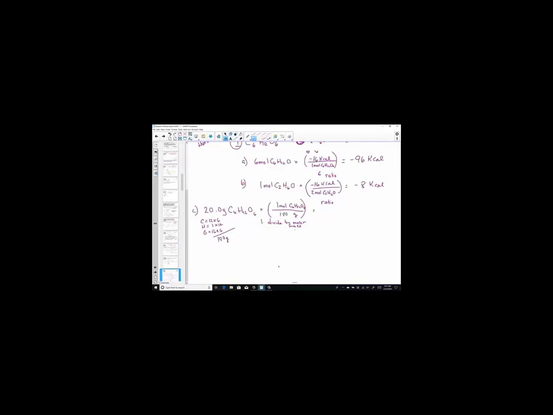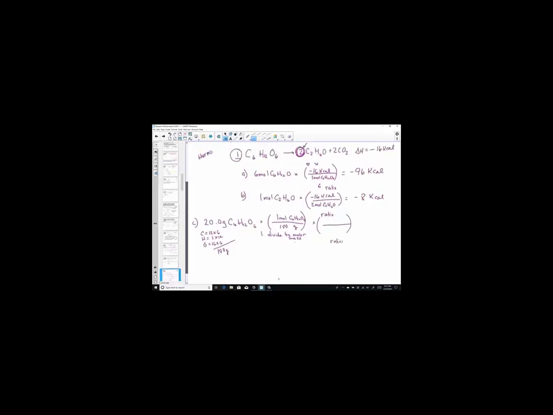Now we can set up our want over given ratio. From our balanced equation, it was negative 16 kcals. And what about that coefficient in front of the glucose? Oh, right here, it's a 1. So there's our ratio step. Step 1, divide.